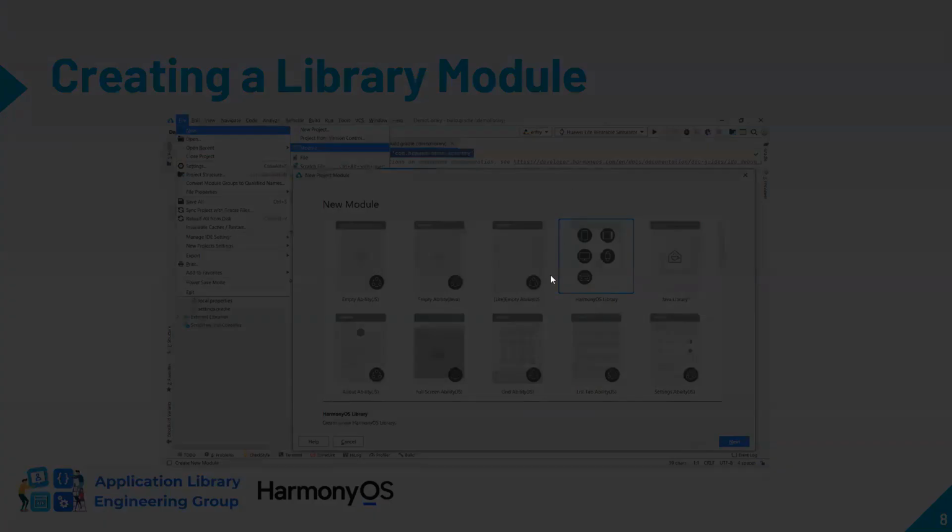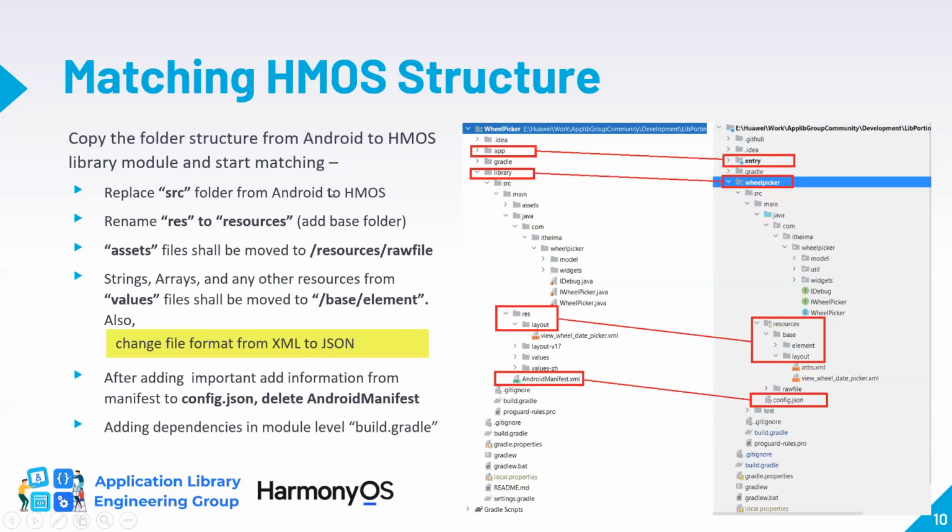Whenever we have an Android library, it already has a predefined structure, and we need to follow the same here. The left side one is the structure of an Android library, and the right side is the Harmony OS library structure. I'll show you what we will have to do. First, we will be cloning the code, and then we will be doing all these steps. We'll start.